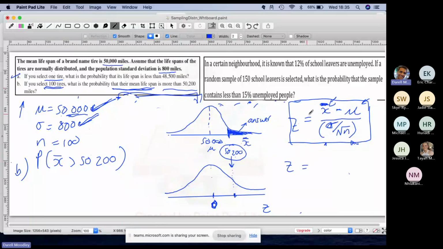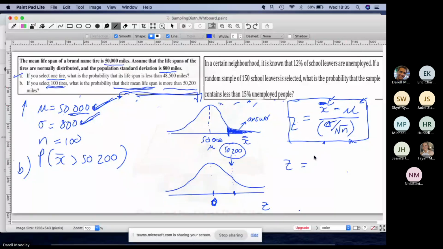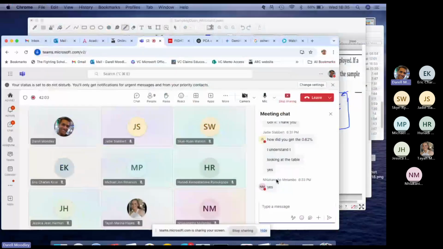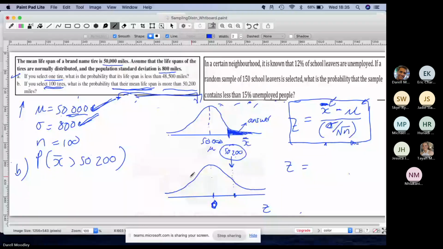So you're going to put 50,200 for X bar, 50,000 for mu, 800 for sigma, and 100 for n. Do that and write the answer in the chat for me. Check that. Okay, do that. Your n is 100.